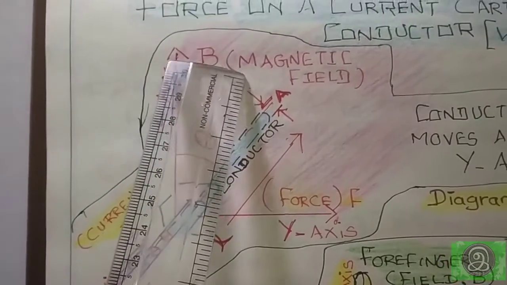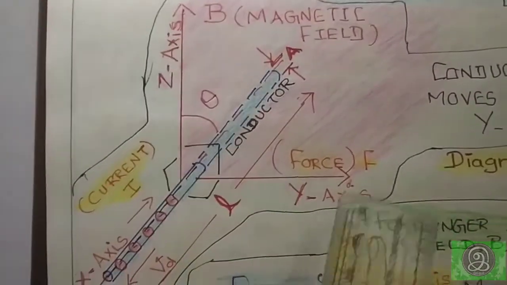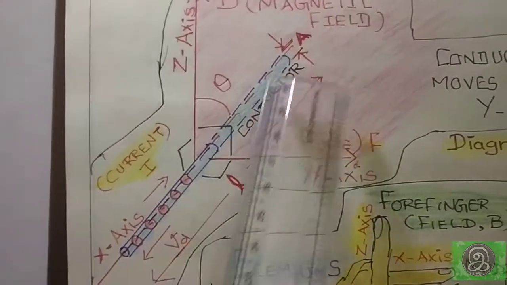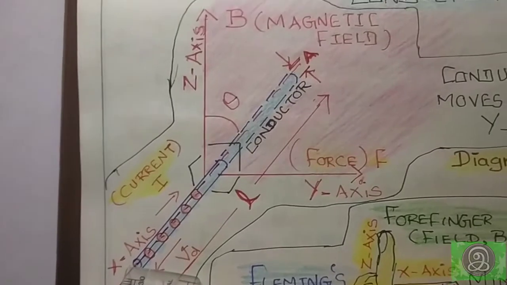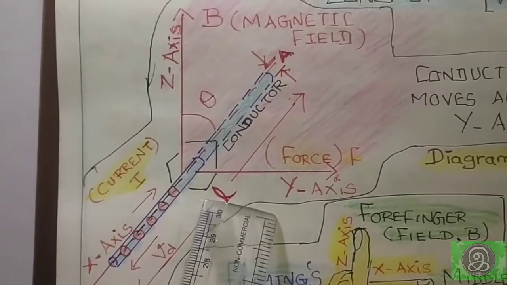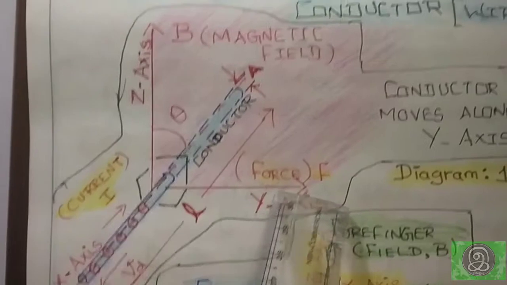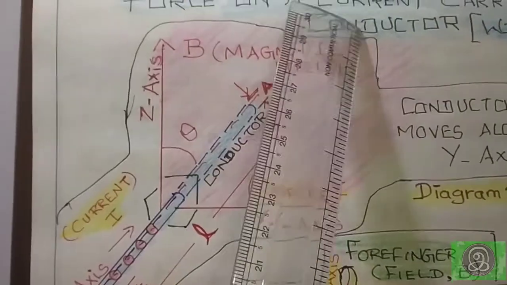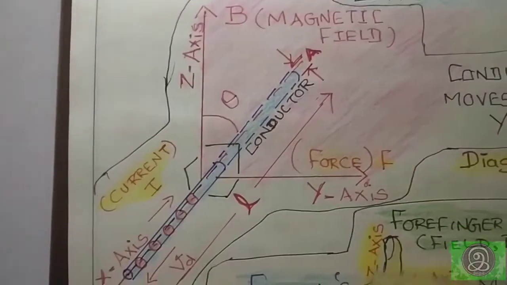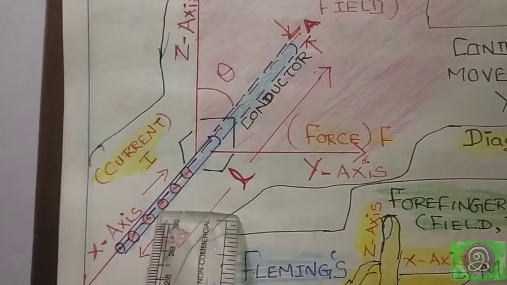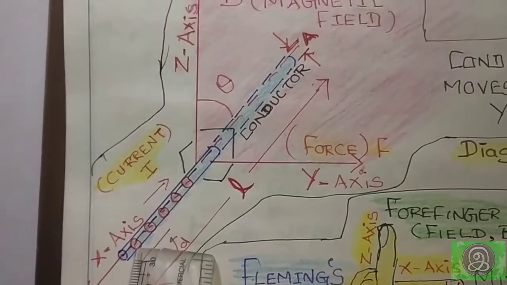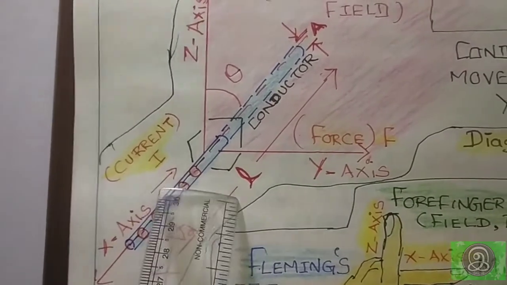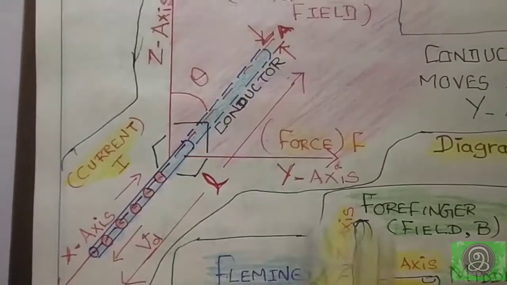Here along z-axis, magnetic field is acting. Along the OX dash axis, a conductor is placed whose length is L. This is y-axis, so this is the y-z plane. Here in this conductor, these are the free electrons which are drifted along this direction, and this is the direction of flow of current.